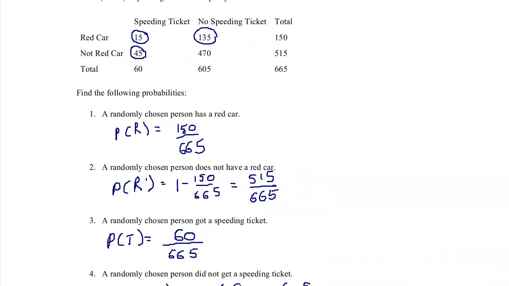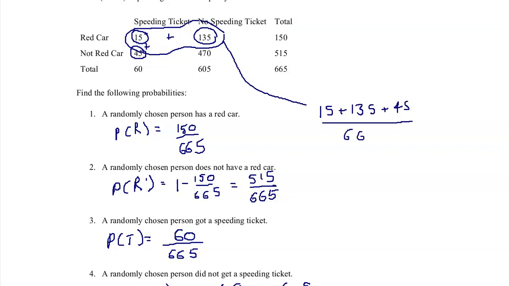If we add all these together, we are still going to wind up with 15 plus 135 plus 45, all out of our grand total of 665 people. And this still gives us 195 out of 665. And again, that's the probability of a red car or a speeding ticket. Two different ways, both get us the same result. We can feel pretty good about that.